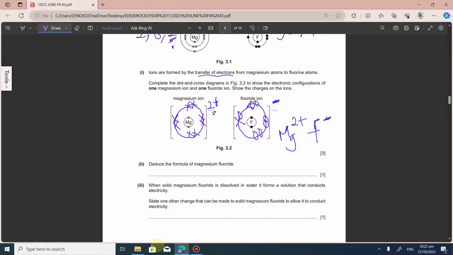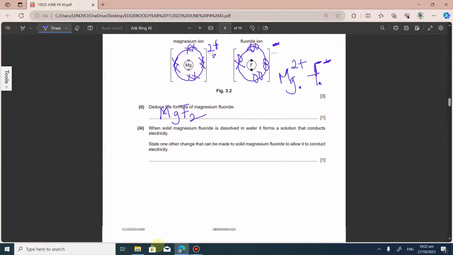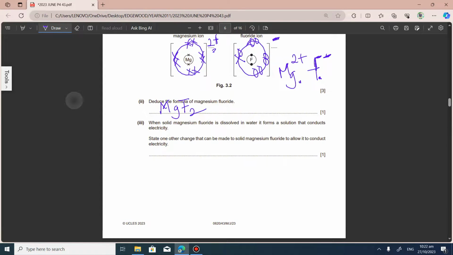So we are going to exchange oxidation numbers and we are going to exclude the charge. So what will happen is the 2 will come all the way down here and the 1 here will come all the way down here. So these are the positions they will occupy. So if the 1 in fluorine comes all the way down to magnesium, it becomes just Mg. Okay, and then the 2 in magnesium goes all the way down here, it becomes F2. So this is the formula of magnesium fluoride.